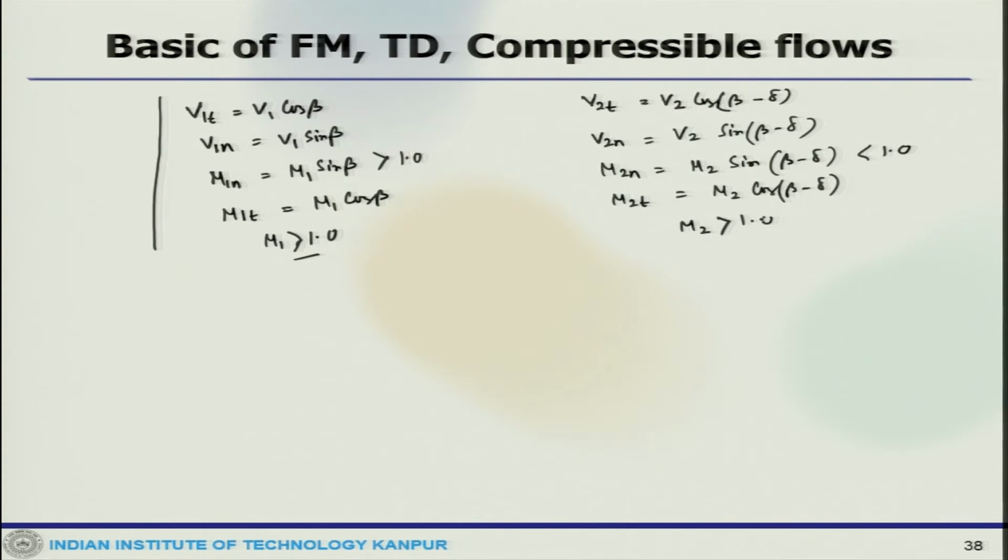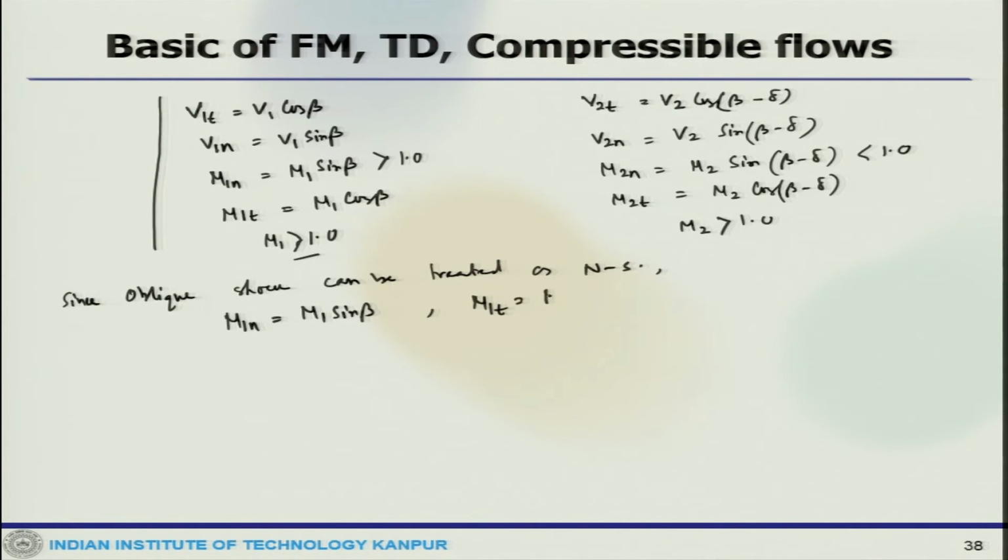Now, since the oblique shock can be treated as a normal shock, having an upstream normal Mach number M1n, the normal component is M1 sin beta, and a tangential component M1 cos beta.